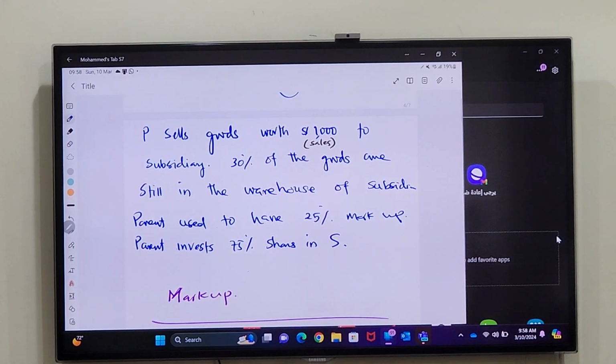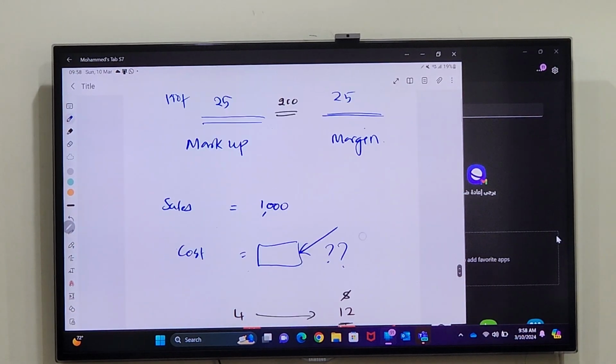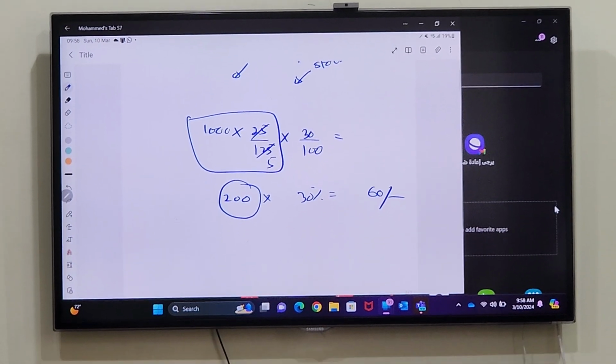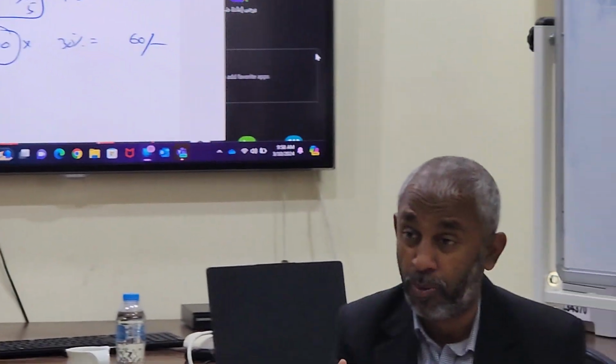The total profit they made was how much? We calculated that. The total profit they made was 200. Of that 200, the subsidiary is still keeping 30% of the goods with them. So for the group, there is a $60 still left as unrealized profit.